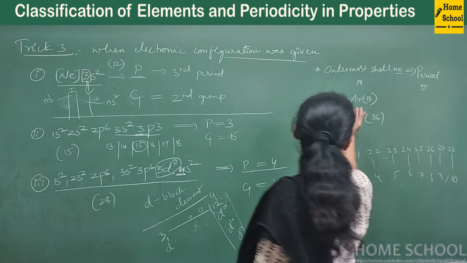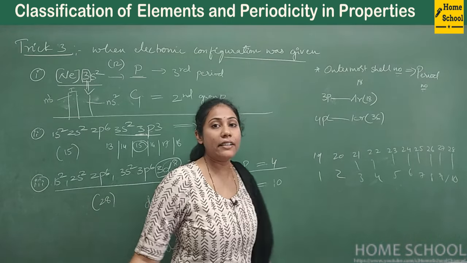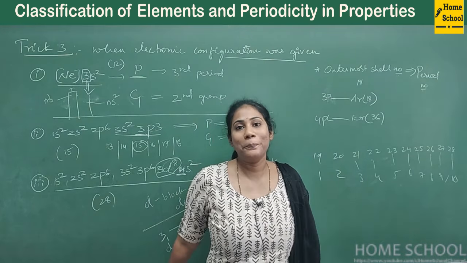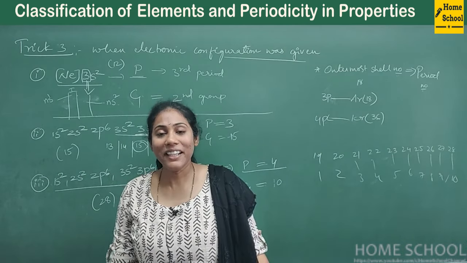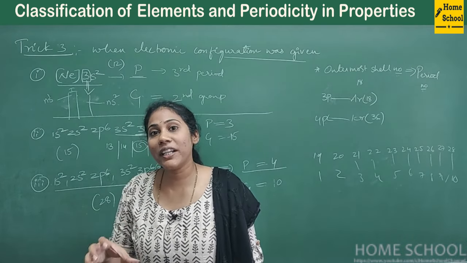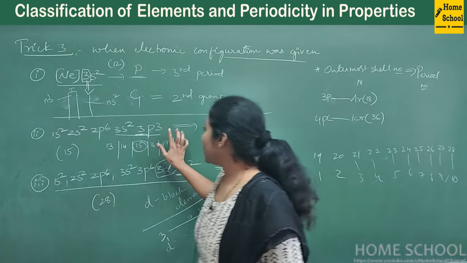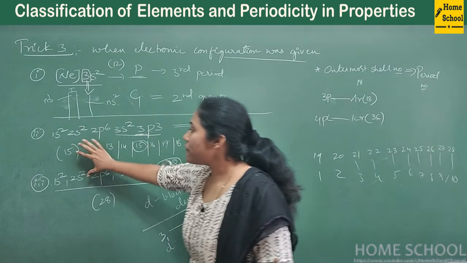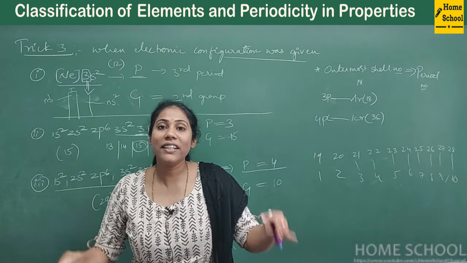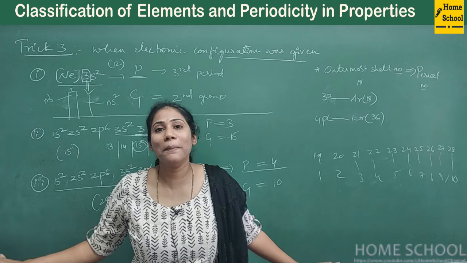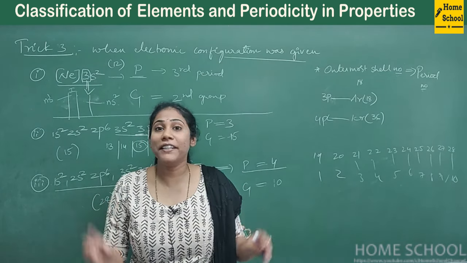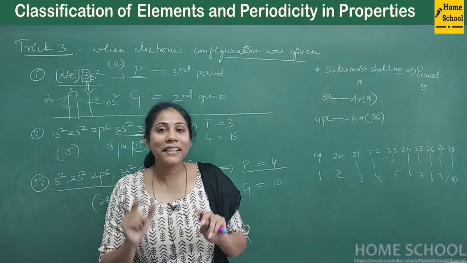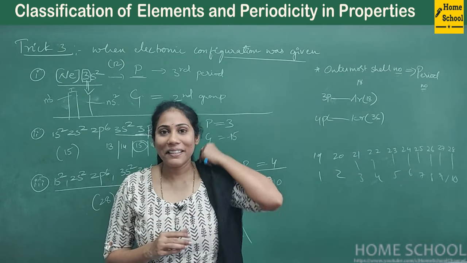So you can use trick number 2 to identify the period number and group number. That is our third trick, right? If you feel difficult, just add the electronic configuration, find the atomic number and use our trick number 2. That's all about the 3 tricks that you can use to identify the group number and period number of an element easily.